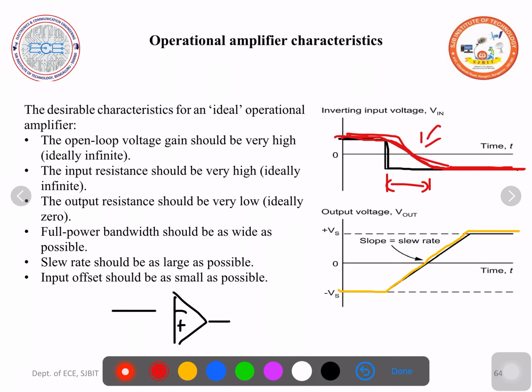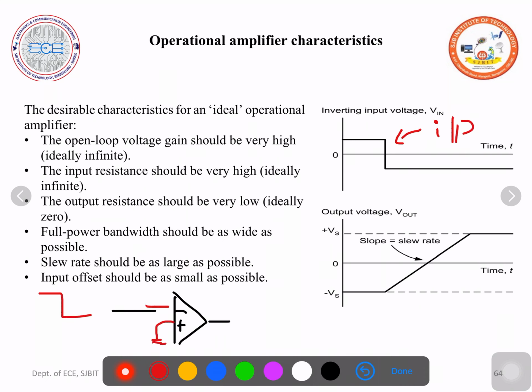If you observe, we have written this from negative to positive, but actually it should have been from positive to negative, but we understand it like this. As we have applied the input to the inverting terminal, the output response for the rectangular signal comes like this. So this is a step input applied to the inverting terminal, and we have written the output.